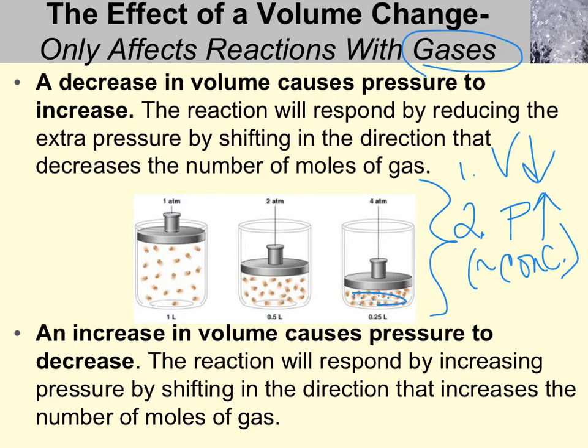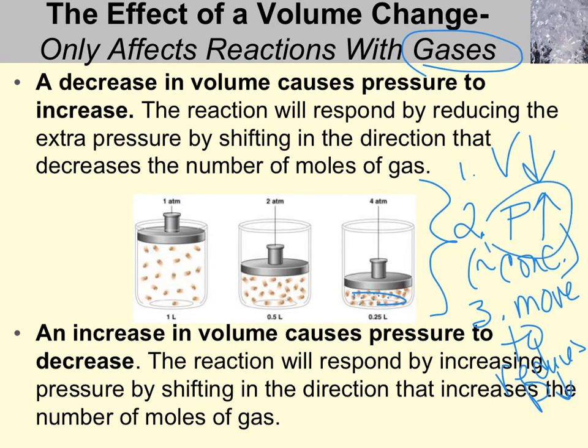How is the reaction going to respond? Like, is it going to go left, right, what? We can't really say. It depends on the reaction. However, it is going to move in the direction that reduces pressure, okay, because it wants to undo what just happened to it.